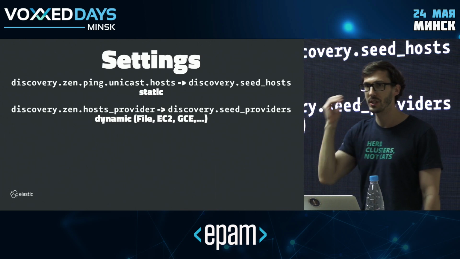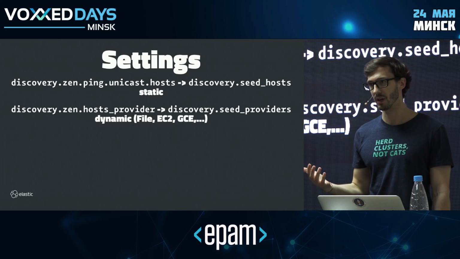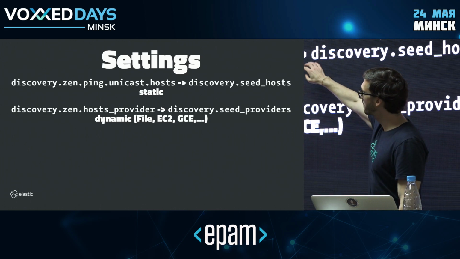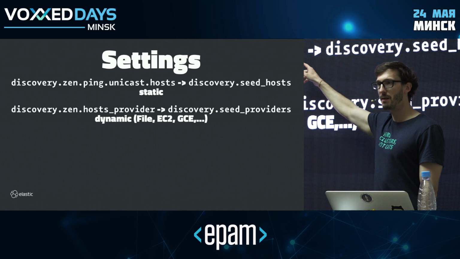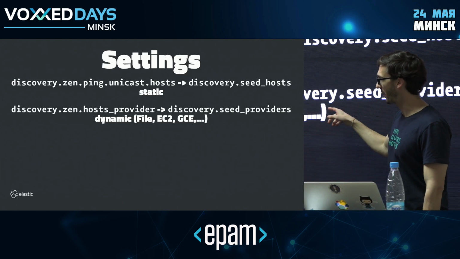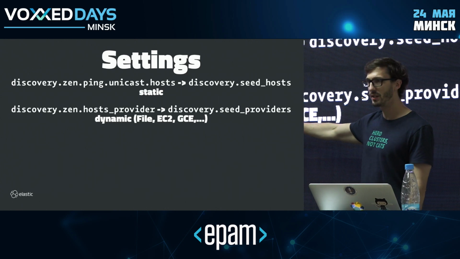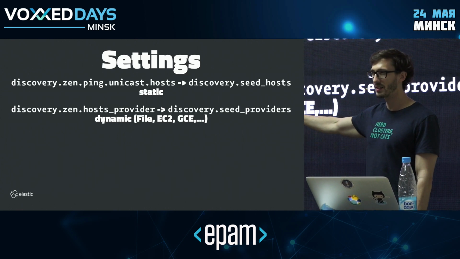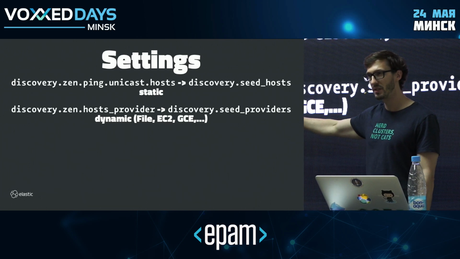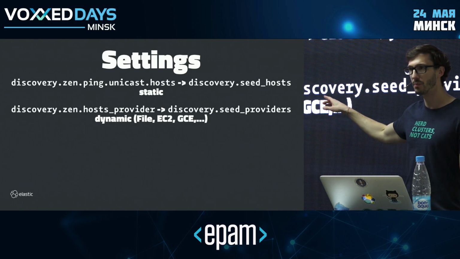They're allowing you to set which nodes are available in your cluster and to find other nodes in your cluster. But this one is basically a static list where you say these are the IP addresses or DNS names of the other nodes to find. And this one is dynamic. You can provide a file, you can provide, for example, a label on EC2 instances, you can provide settings in the security group of EC2 instances so they find each other, and on Google Cloud we support the same thing.